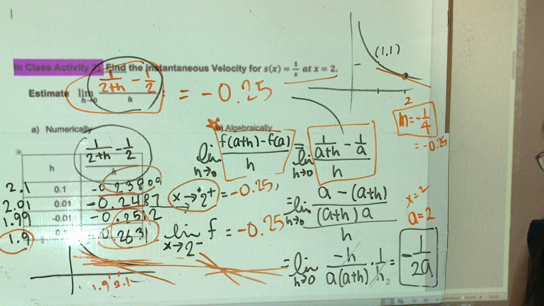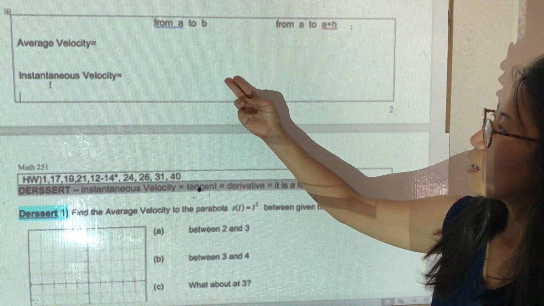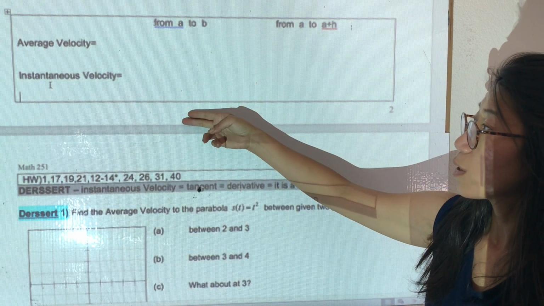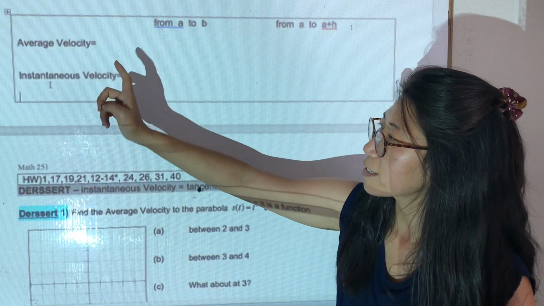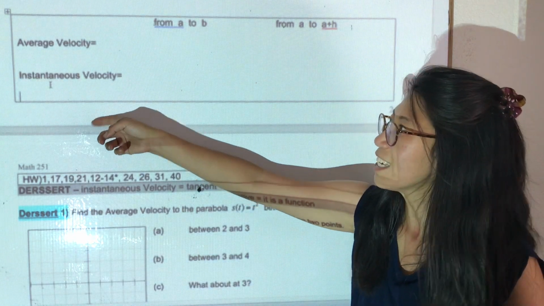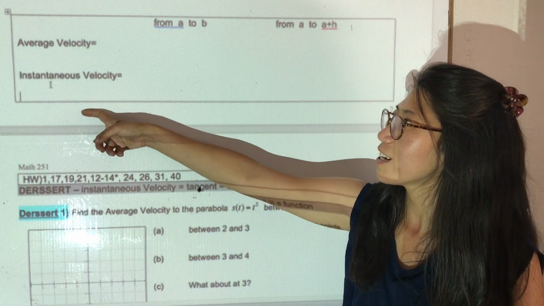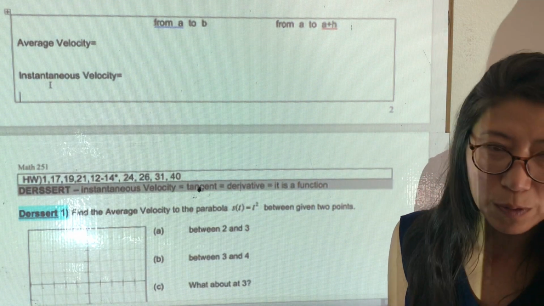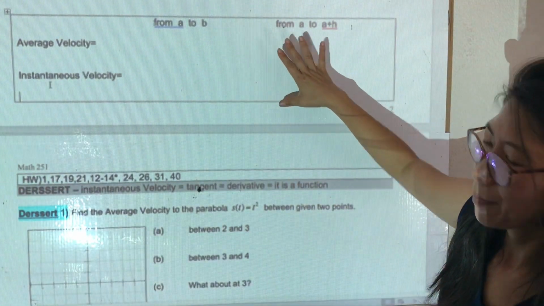And good job. If you look at the handout, there is average rate of change and instantaneous rate of change, which means average velocity and instantaneous velocity, secant line, tangent line, right? So I want you to try to write the formula one more time and compare with me.